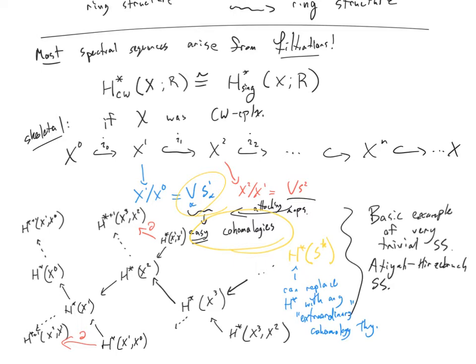But let's talk specifically about the filtration that gives us the spectral sequences that we care about. And we're not going to derive the spectral sequence. I just want to give some indication that what's happening is something relating to a filtration.